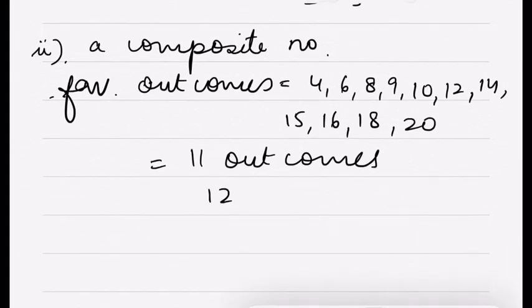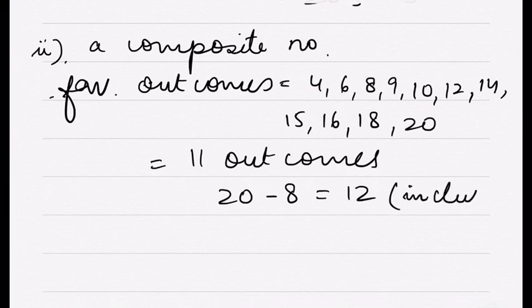Or I can subtract from 20. There are 8 prime numbers, so I'll subtract 8 from 20, so I'm getting 12, but those 12 are including 1, correct?